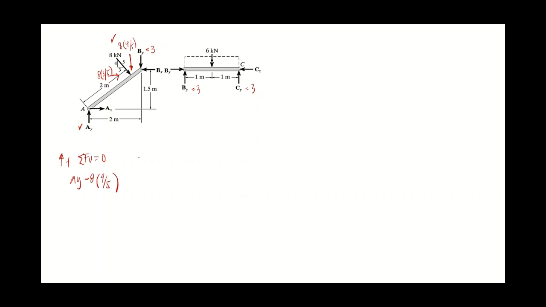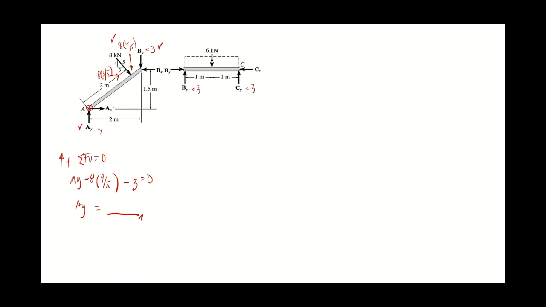Next is our BY, which is also downward: minus 3. Is there any other vertical? None. So, we get AY. Okay, compute. And then, to get BX, we can do summation of moment at A.